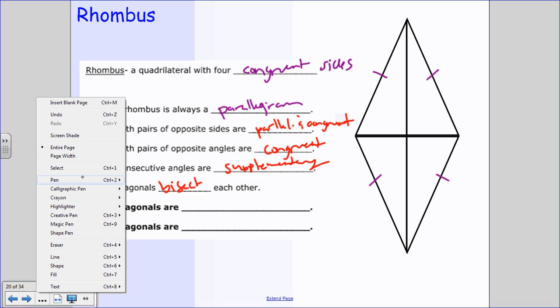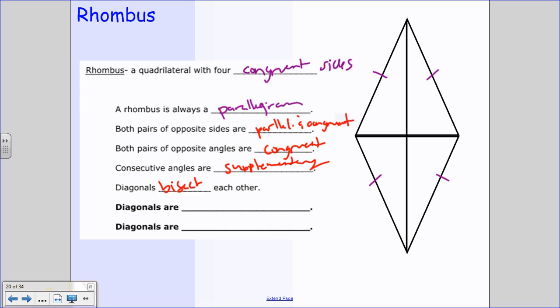Now, there's also going to be some extra special properties regarding the diagonals. The diagonals are going to be perpendicular, and they are angle bisectors.